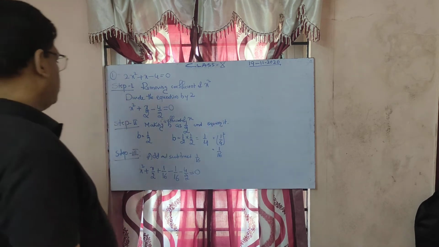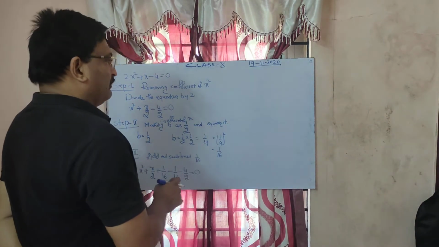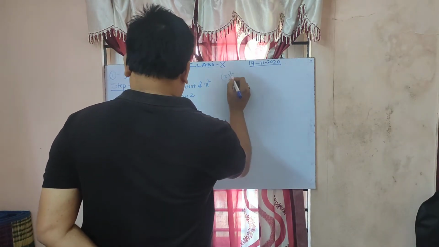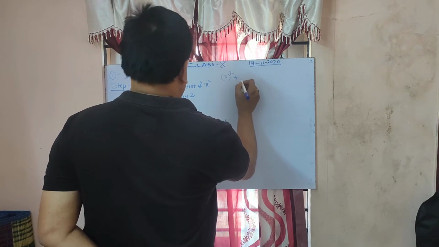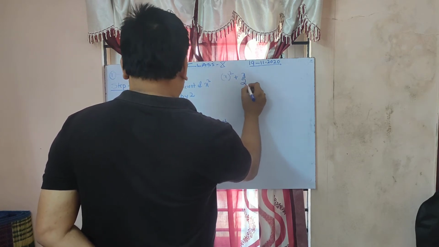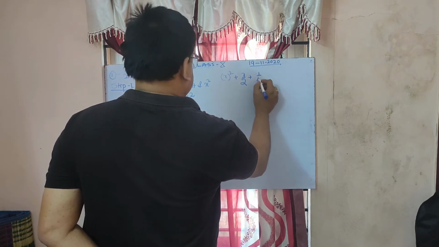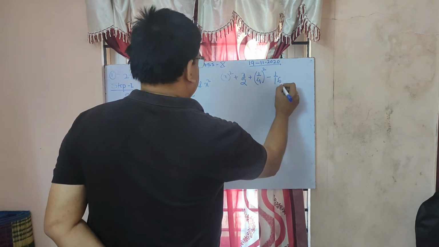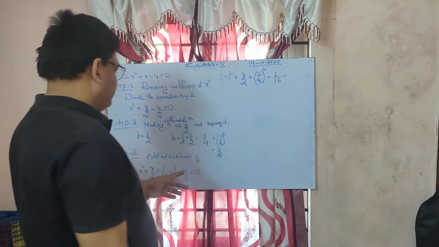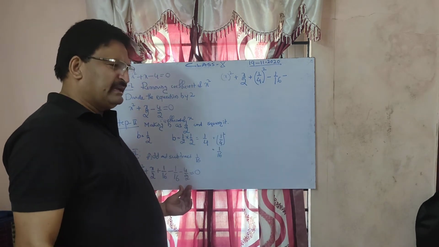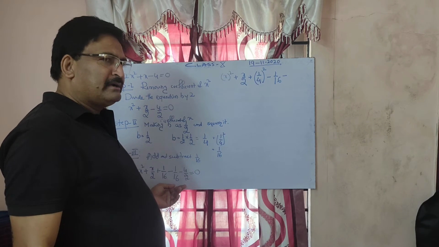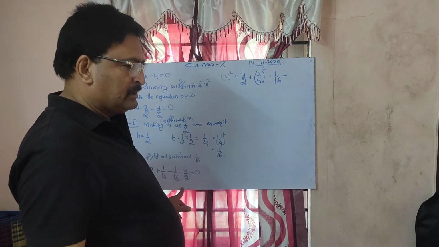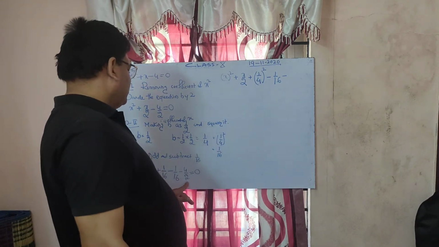Now start simplifying it. The square of the first number, that is x square, plus x upon 2 as it is, plus 1 upon 16, which could be written as 1 upon 4 whole square, minus 1 upon 16, minus 4 upon 2. You can keep it as it is, but it is always easier if you make the denominators common.